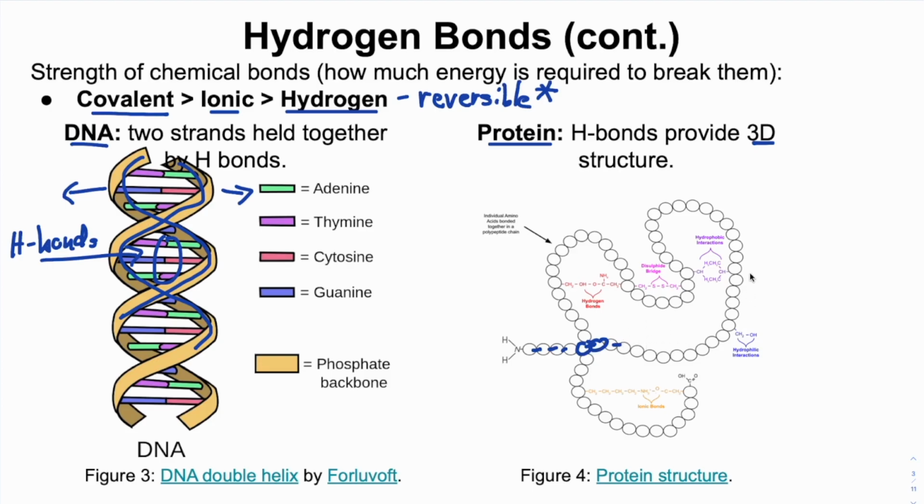This string, however, folds back on itself to form a three-dimensional structure, and this 3D structure depends on H-bonds. Once again, these H-bonds are reversible, and a protein can lose its three-dimensional structure. In that case, we say the protein is denatured. When that happens, the protein is no longer functional.